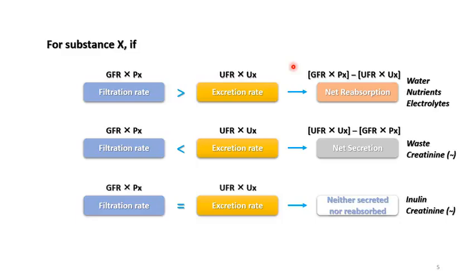So the difference between filtration and excretion rate will be 0 for them. Sometimes creatinine also is considered with this property and is considered similar to inulin. We will talk about it in the succeeding topic, that inulin or creatinine are used to calculate GFR for an individual, for a subject or patient.